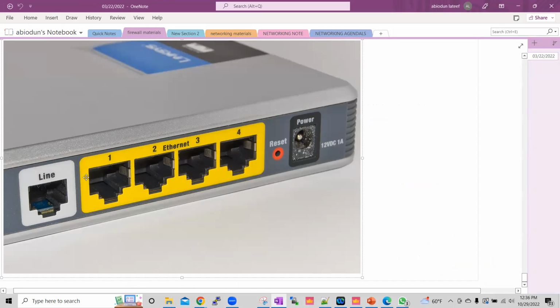Okay, now if you can see my screen, there are 4 ports. This is what we call an interface. It is on every device you see on the internet. The size of the cable that goes into that port is what they call RJ45. If you search online for RJ45 cable, you see a design like this here.